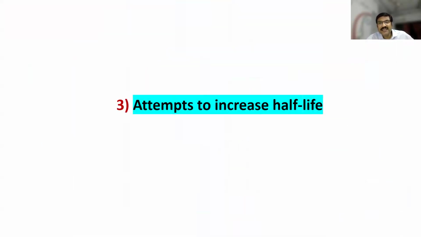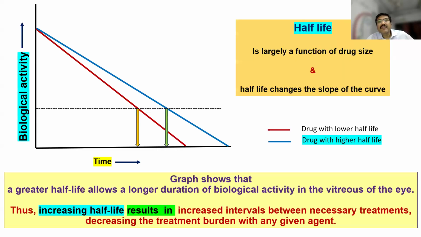Now, talking of attempts to increase the half-life, half-life is largely a function of the drug size, and half-life changes the slope of the curve, as you can see in the line diagram on the left. The graph shows that a greater half-life allows a longer duration of biological activity in the vitreous of the eye.